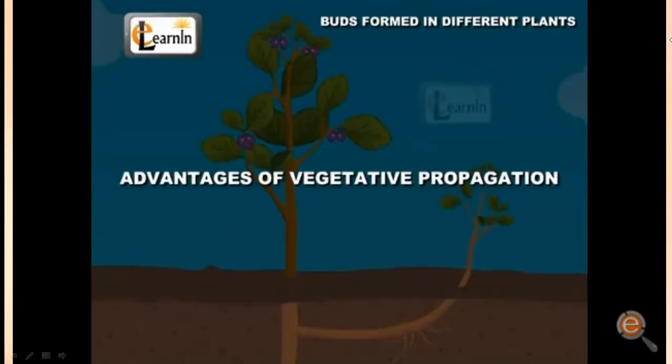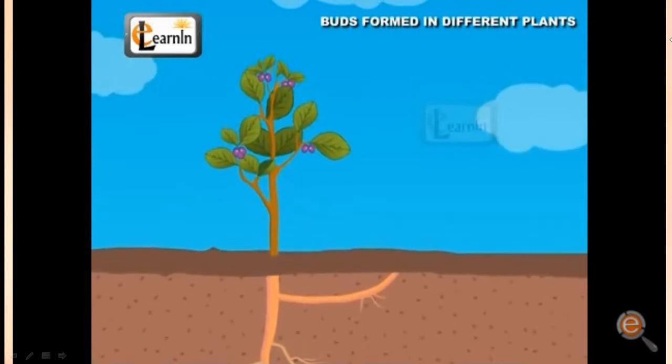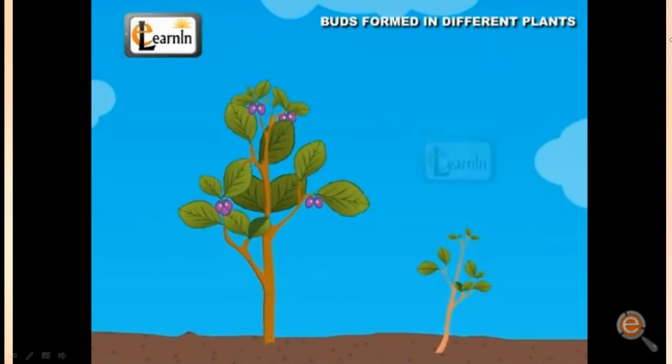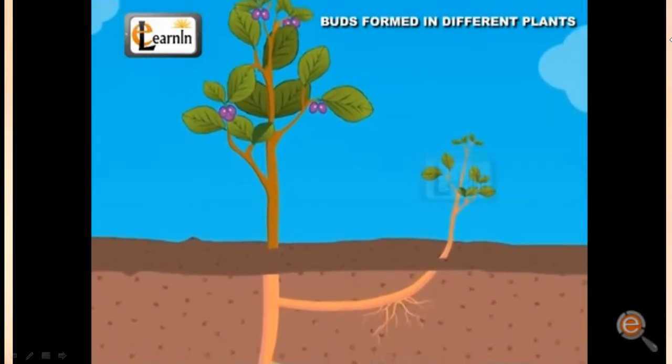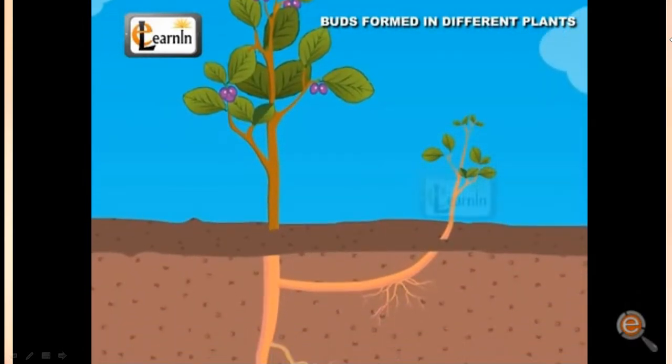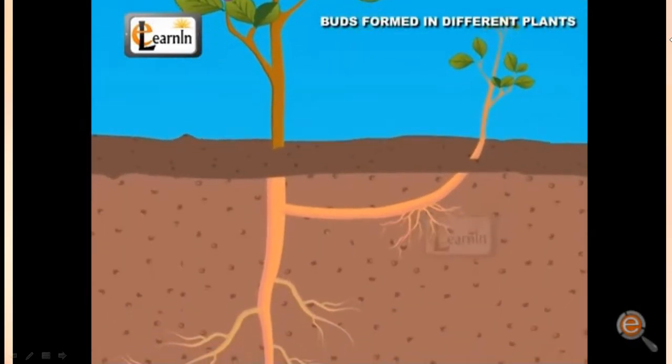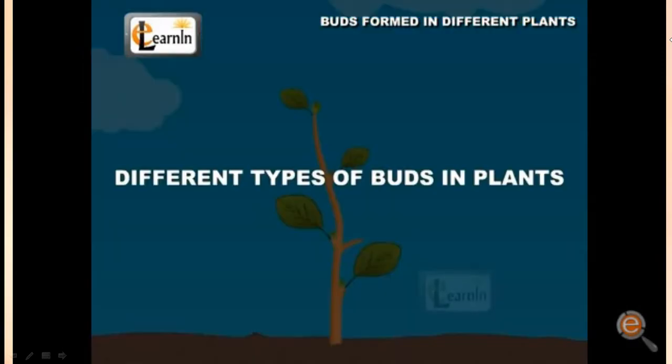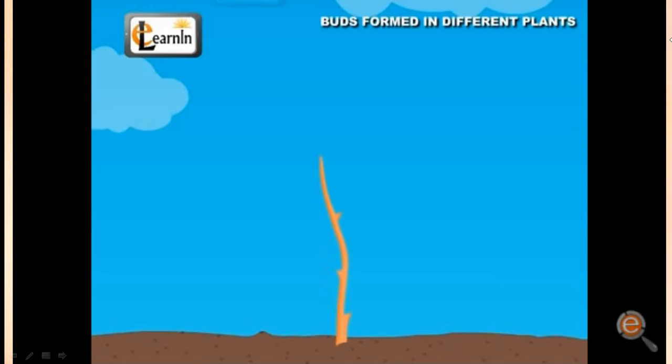Advantages of vegetative propagation. Vegetative propagation helps to maintain fixed qualities of the parent plant. Vegetative reproduction offers a uniform root stock for budding or grafting. This root stock can be selected from a plant that is immune to diseases. Different types of buds in plants. Stems usually grow above the soil and produce buds, leaves, flowers, and fruits.